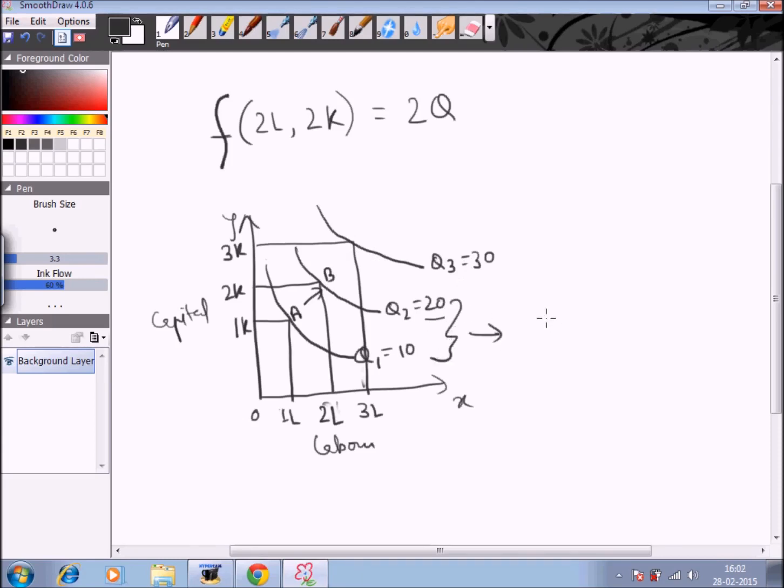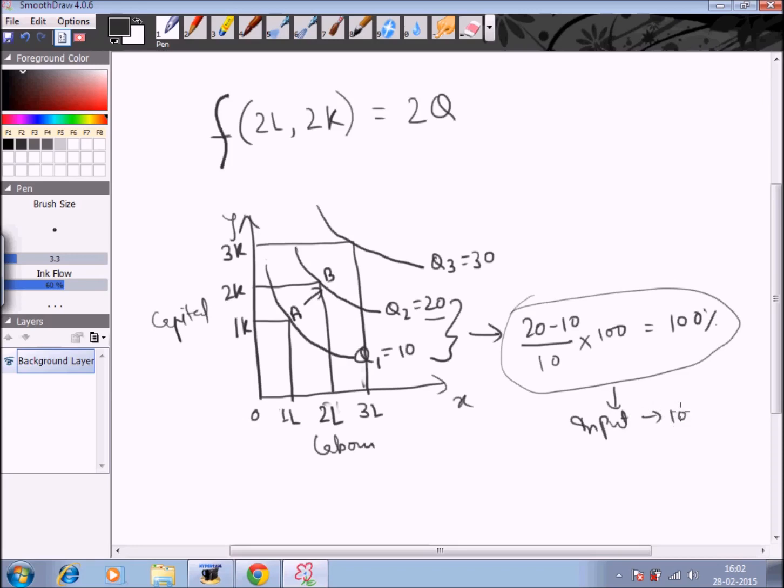See, we can calculate it like this. The change in quantity is 100%, and here I have changed the input also by 100%.